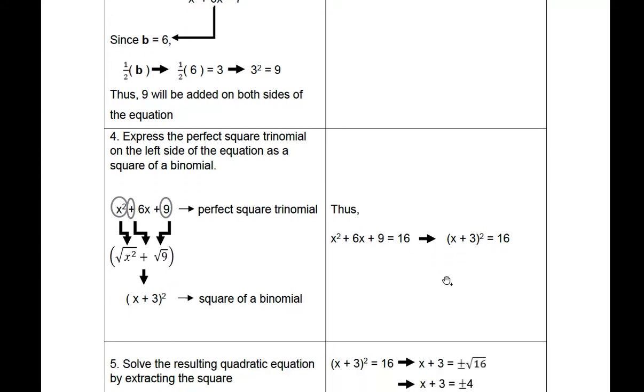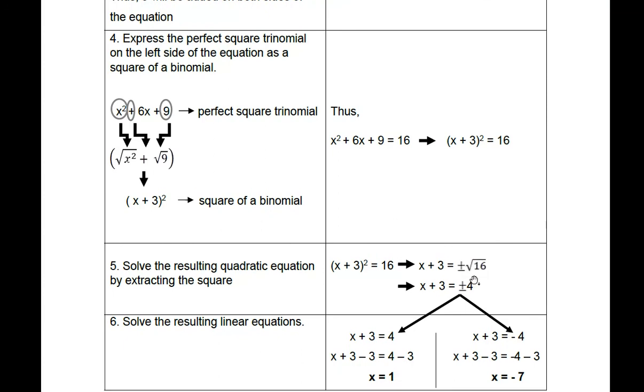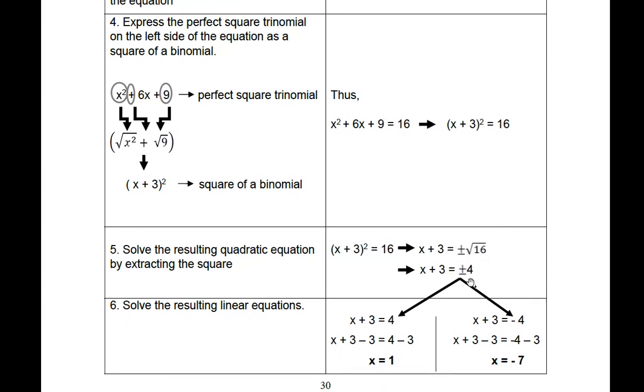Then after you get the square of binomial, then solve the quadratic equation by extracting the squares. So we're going to extract the squares. So simply square root both sides, remove natin yung squared.